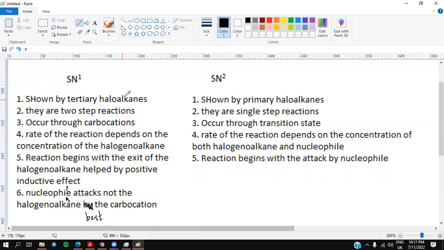They are two-step reactions, occur through carbocations. Rate of the reaction depends on the concentration of the halogenoalkane. Reaction begins with the exit of the, not halogenoalkane, I'm sorry, halogen atom. Helped by positive inductive effect, we can write of alkyl groups.